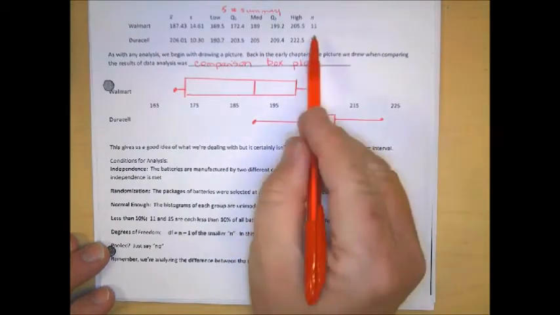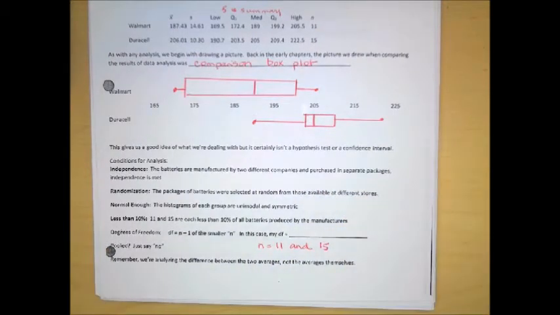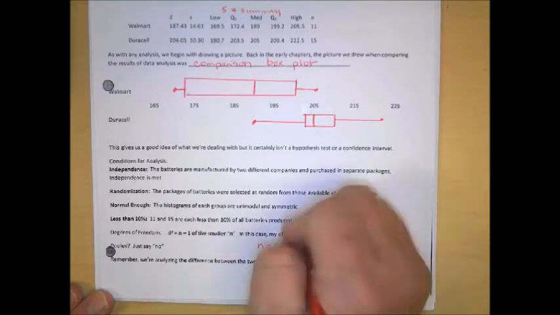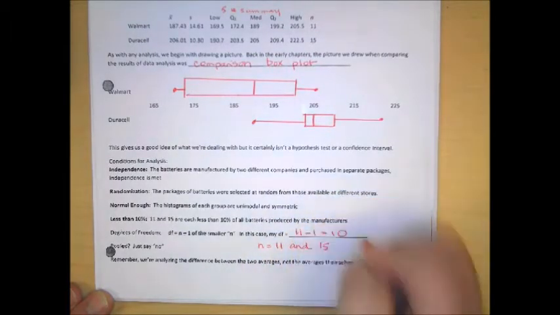The Duracell side of the experiment had 15 trials. So we're going to take n minus 1 of the smaller n. So 11 minus 1 is 10. That's going to be the degrees of freedom in the problem.